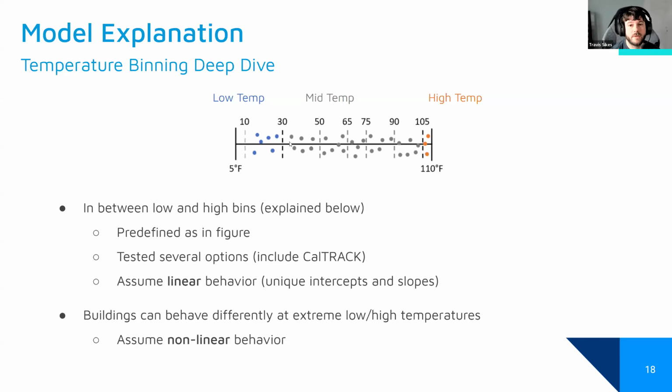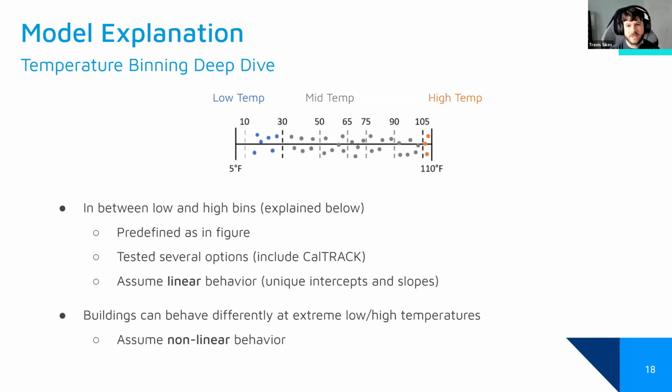Now, for those middle moderate temperatures, we basically treat these as linear. And I should also back up and mention that these exact temperature bins are specified. They are not something that changes.